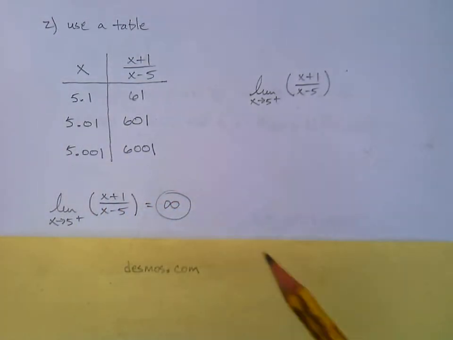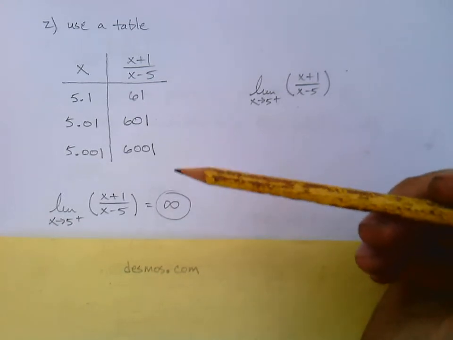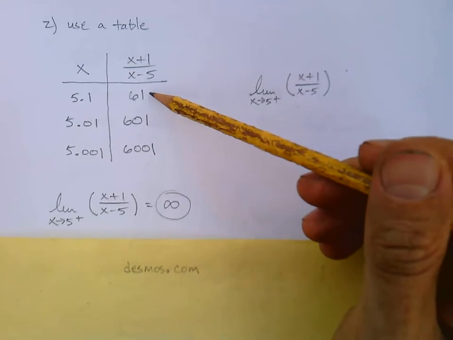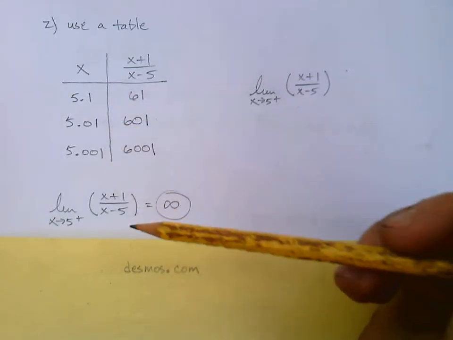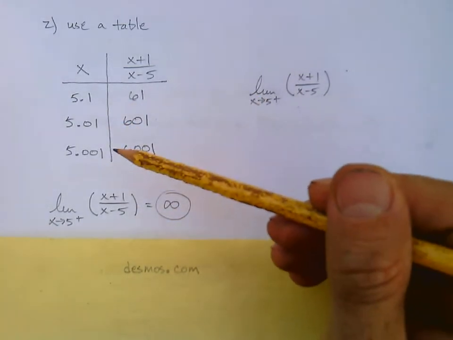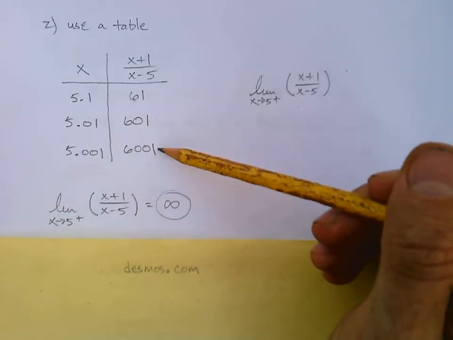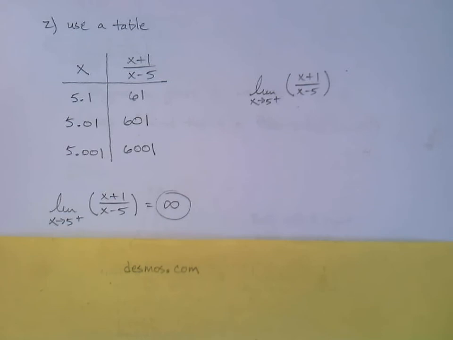By the way, some students ask, well, do we really need to do like 3 values of x? Can I just start with 5.001 and see this number and be done with it and know it's positive infinity? And I would say no, you don't want to do that.